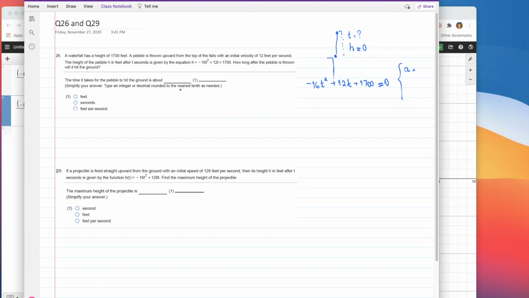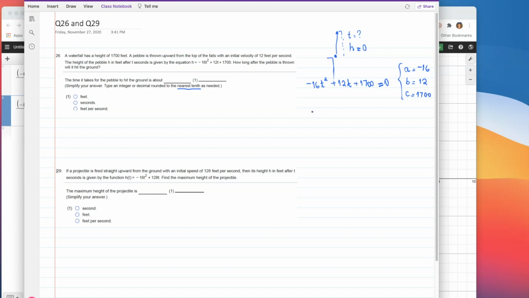In this case, you're going to plug in directly to the calculator because they want the answer as a decimal to the nearest tenth, to see how many seconds with the nearest tenth. And then a is negative 16, the b is 12, and the c is 1700.